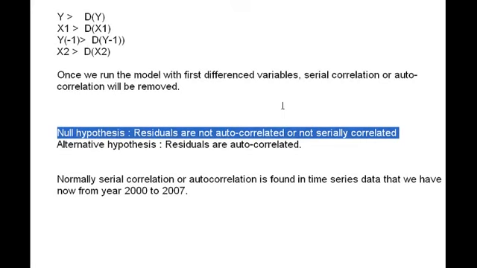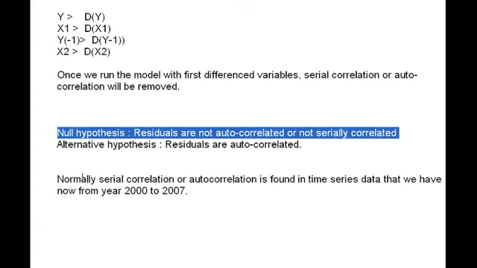And what is the guideline? The guideline is that we reject the null hypothesis and accept the alternative hypothesis when the p-value is less than 5%. But we cannot reject the null hypothesis if the p-value is more than 5%. So that is the guideline, and we shall be testing it soon.